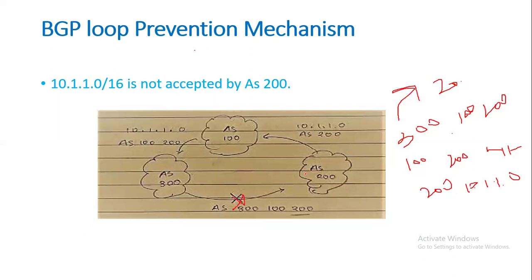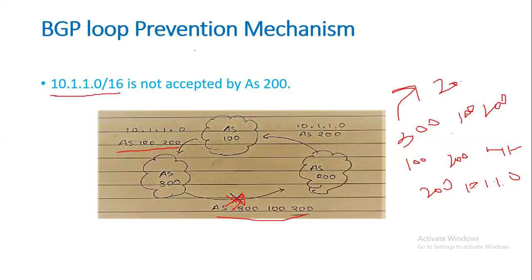If the information is passing from AS 200 to 100, the same information from 100 to 200, then when it comes from 300 to 200, because it's creating a loop, it is not accepting it, because the routing information was already exchanged, and this router or AS is not going to accept it.